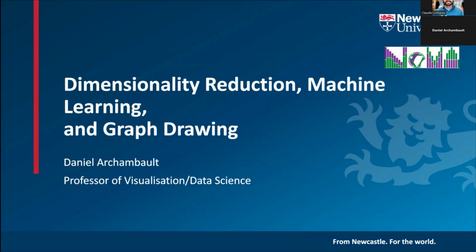But I managed to pick up a few things. And now at Newcastle, I headed a group that was part scalable computing, part AI and machine learning, and part visualization. But it's really important to note that I'm not a machine learning person. I'm a visualization person that kind of understands the machine learning thing.